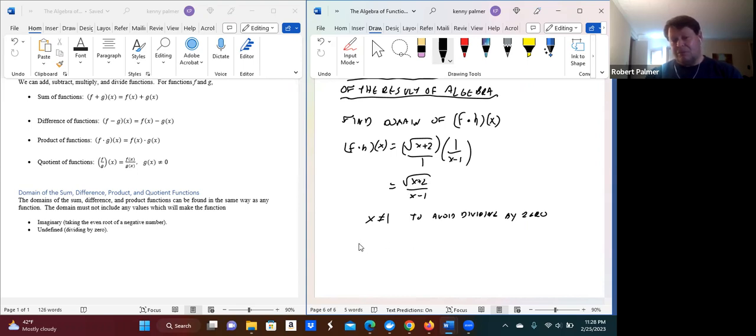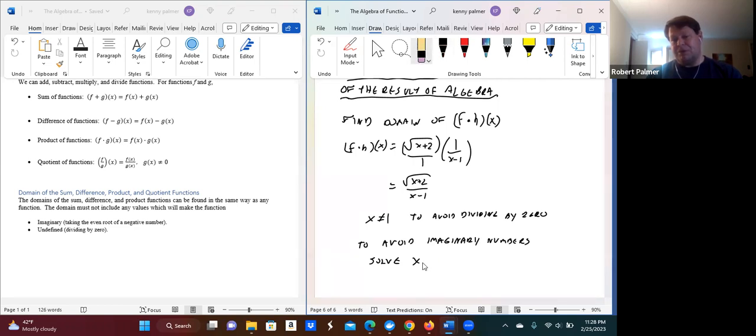So to find the rest of the domain, to avoid imaginary numbers, what we want to do is solve what's under the radical is greater than or equal to 0.